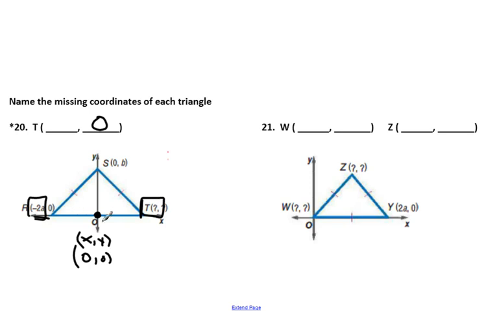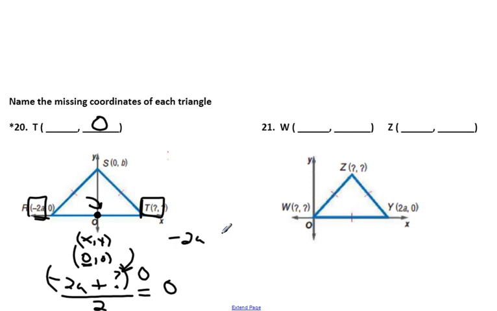So this is the midpoint, 0. So I'm going to take negative 2a and add whatever my question mark is, divide by 2, and it should equal 0. So whatever this is, my top numerator has to equal 0. Well, how do I get negative 2a and some number to equal 0?